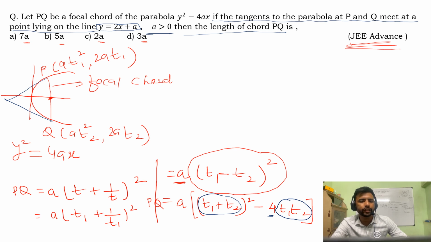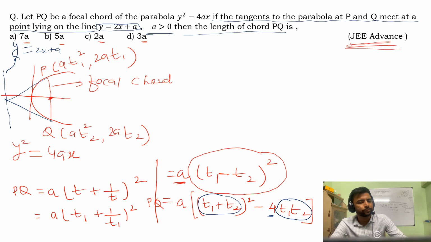Tangent from P and tangent from Q meet at this point, and from this point a line is passing. Which line? A line y is equal to 2x plus a. So tangent from P and Q meet at the point, and from that point a line is passing. Y is equal to 2x plus a is passing through the point of intersection of two tangents. Then the length of the chord PQ is.